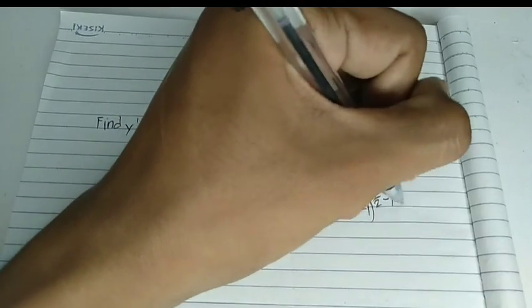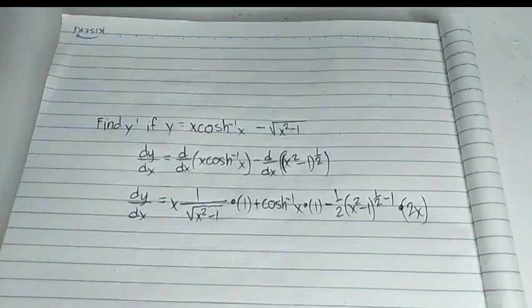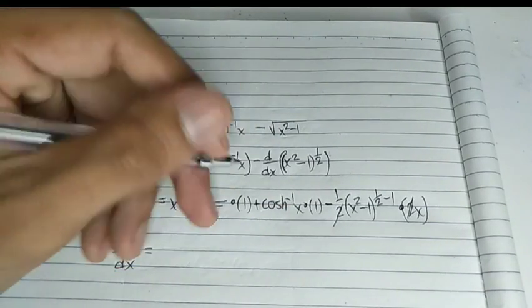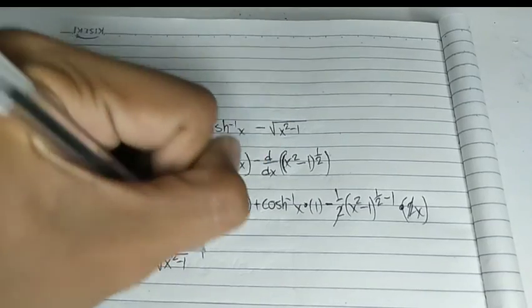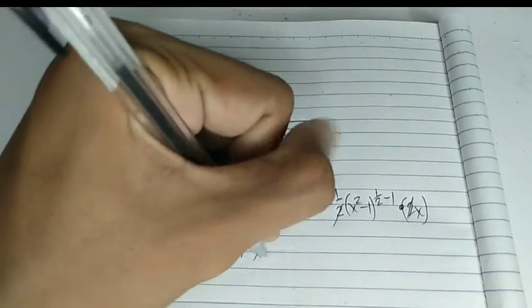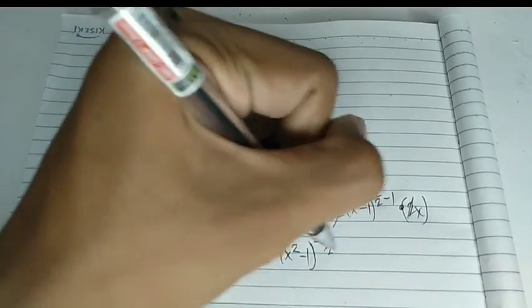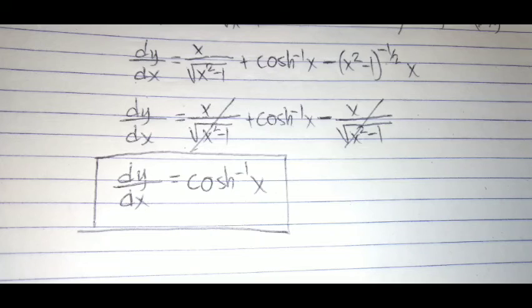So in this situation, we have to cancel out 2 and 1/2 and 2 and 2x. dy over dx is equal to negative x over the square root of x squared minus 1 plus arc cos x minus the quantity of x squared minus 1 raised to negative 1/2 times x, which will become dy over dx is equal to negative x over the square root of x squared minus 1 plus arc cos x minus x over the square root of x squared minus 1.